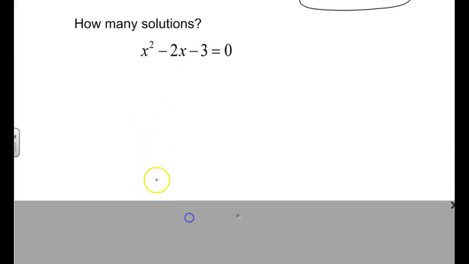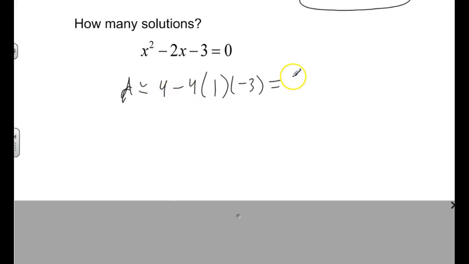And one last example here. In this case, and this is a pretty normal case actually, let's find the discriminant. The discriminant equals b squared, which is 4, minus 4 times a times c, which is negative 3. That's 4 minus 4 times 1 times negative 3, which is negative 12. Subtracting a negative, 4 plus 12 is 16.